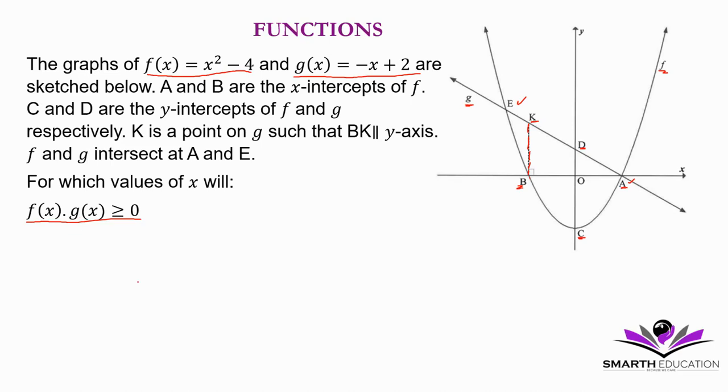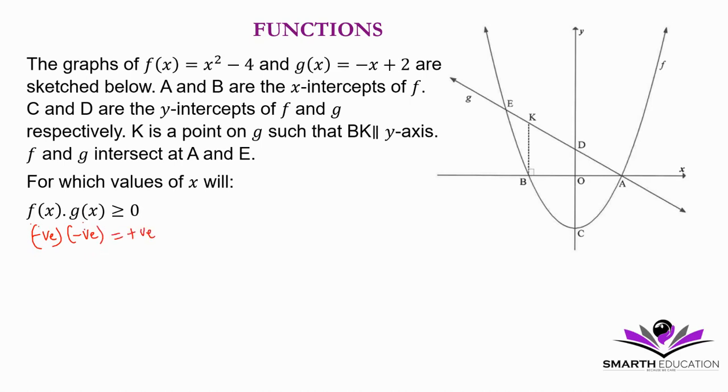Let's talk about this. When you're multiplying two factors and getting a positive answer, greater than 0 means positive. Greater than or equal to 0 means positive or 0. So in this case, we may have a situation where f of x is negative and g of x is negative, because negative times negative will give us positive.